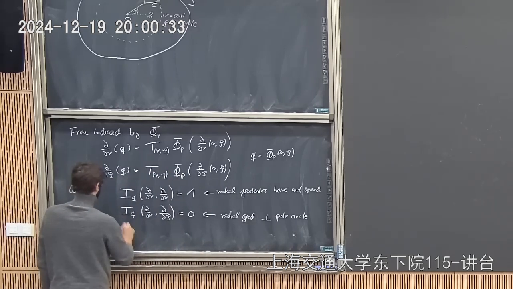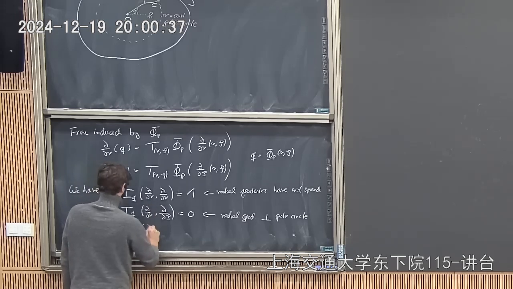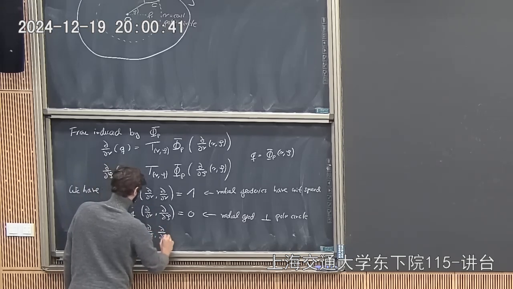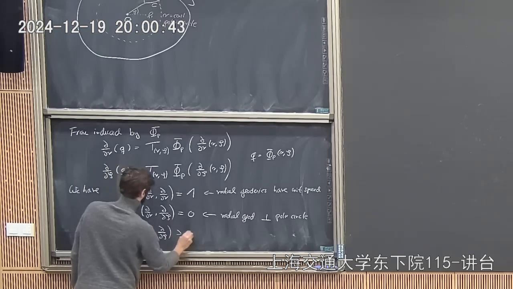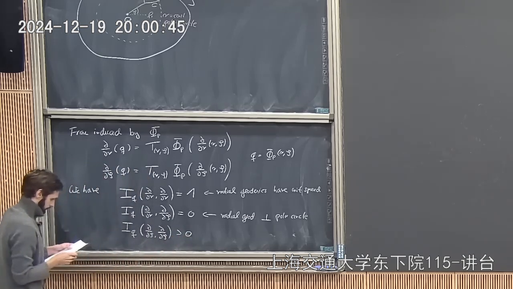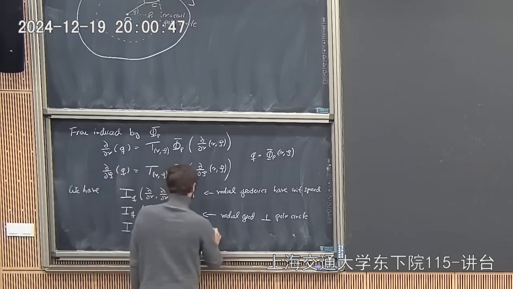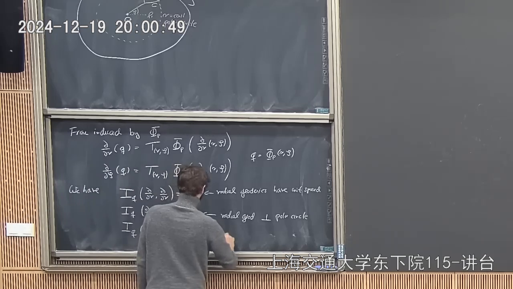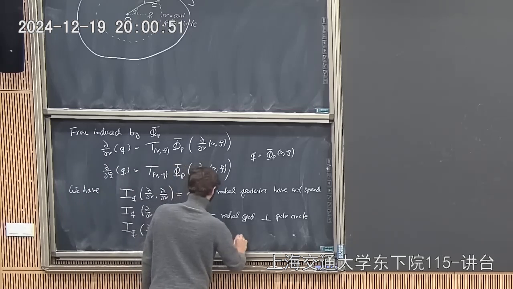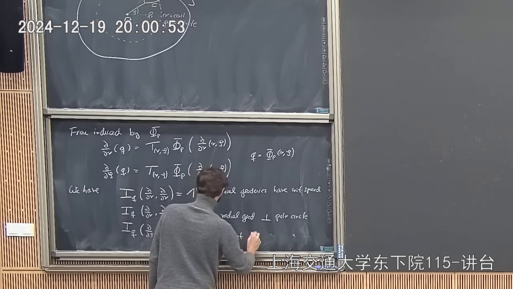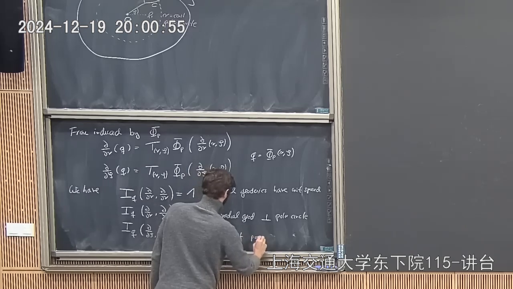And the next property is that the norm of d/dphi is strictly positive, perhaps except at q equals p.